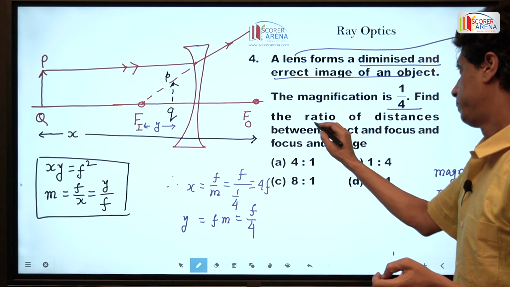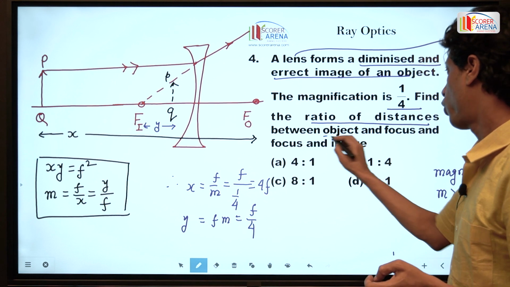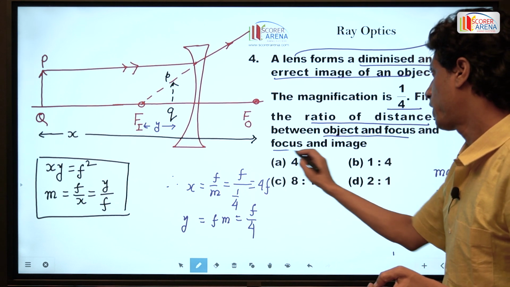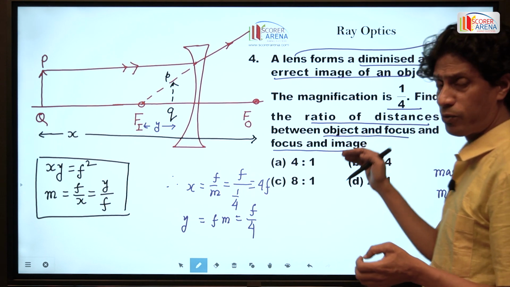In the problem, the ratio asked is of the distances of the object and the image from the focus.